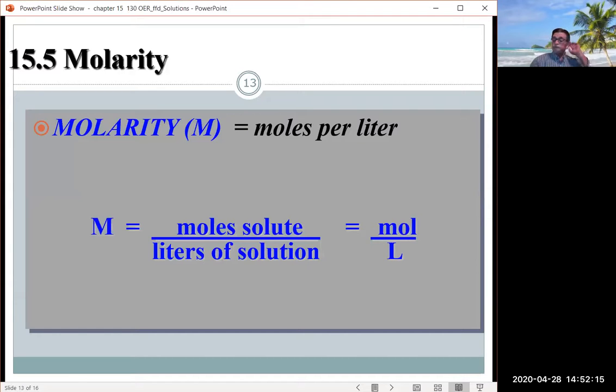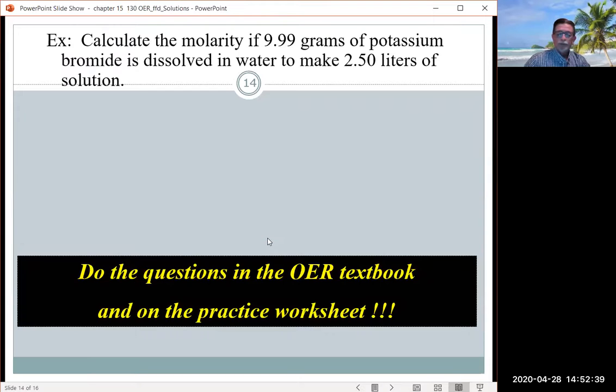Molarity. Okay, so what we just talked about was mass percent. Either we're going to be given the water amount and the solute amount, or maybe we need to solve for the water quantity. In this scenario, you're asked to calculate the molarity, moles per liter. Okay, and so here's the problem.